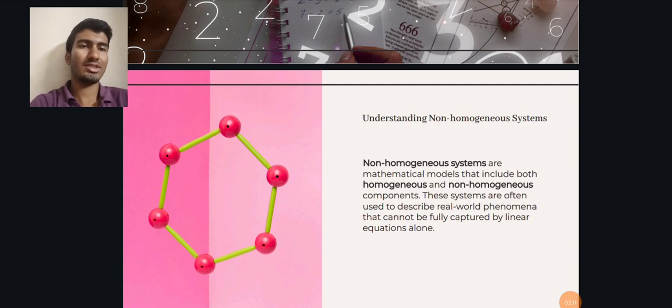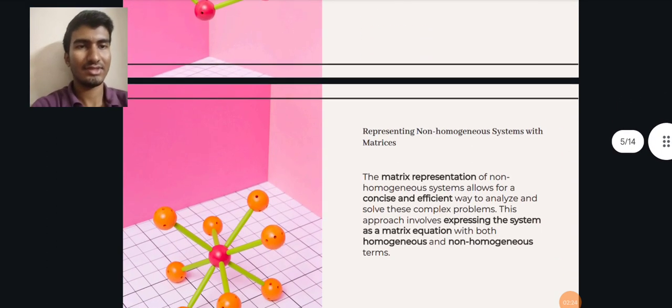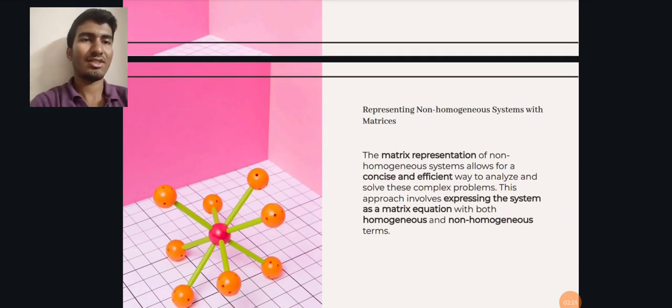These systems are often used to describe real-world phenomena, like linear equations. We can represent a non-homogeneous system with matrices.